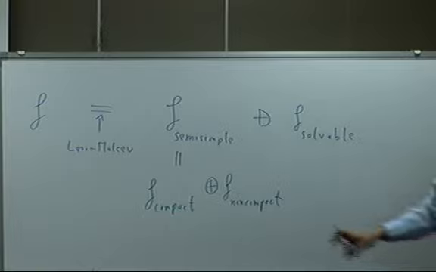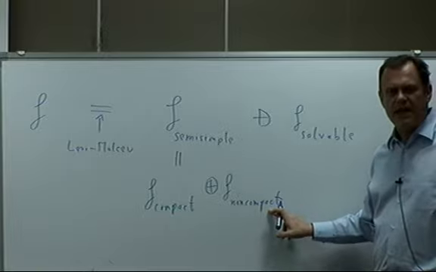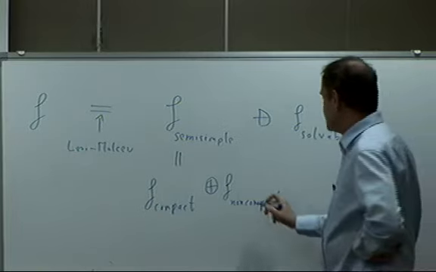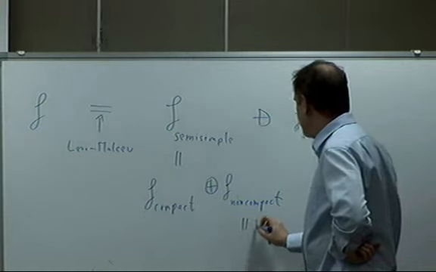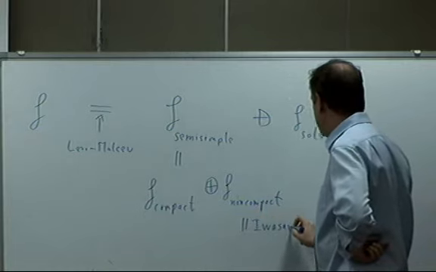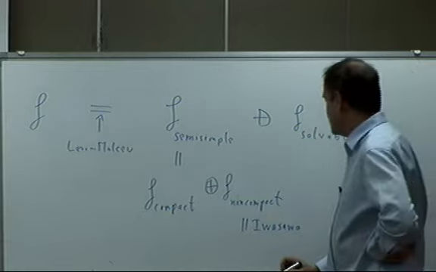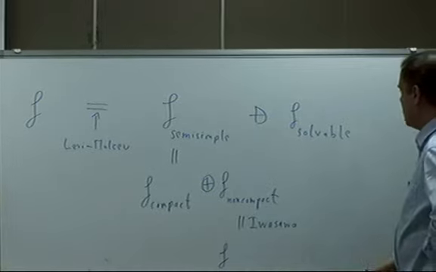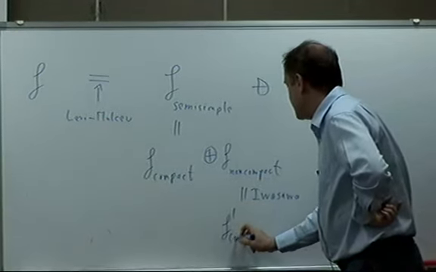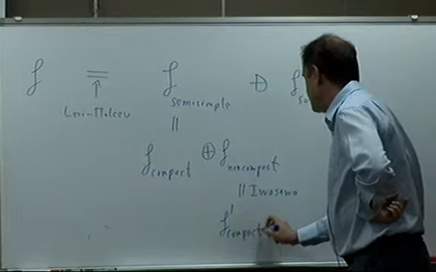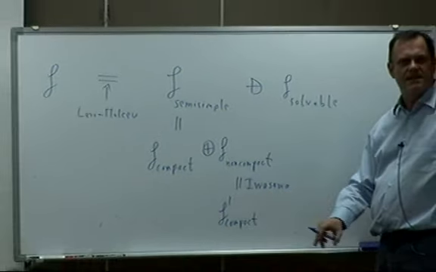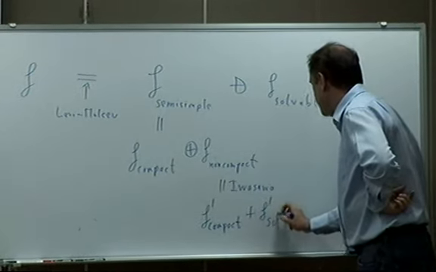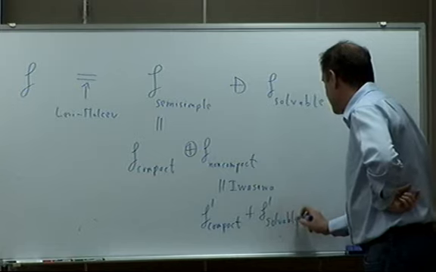Now I decompose the non-compact one. That's what I talked about yesterday. We have an Iwasawa decomposition. So this one here we can decompose according to Iwasawa into some h, so it's again compact. So maybe I should write now h prime. And this is compact. This is the K part I talked about in the Iwasawa decomposition, plus, and then we have some solvable part. This was the A plus N part.